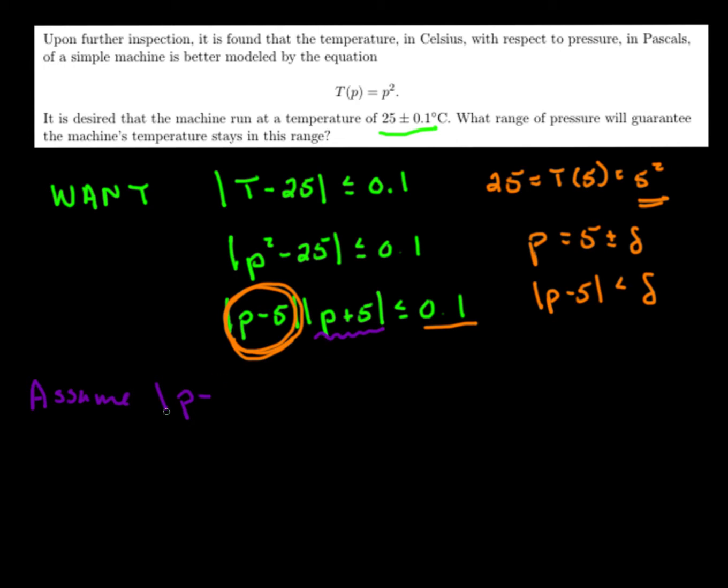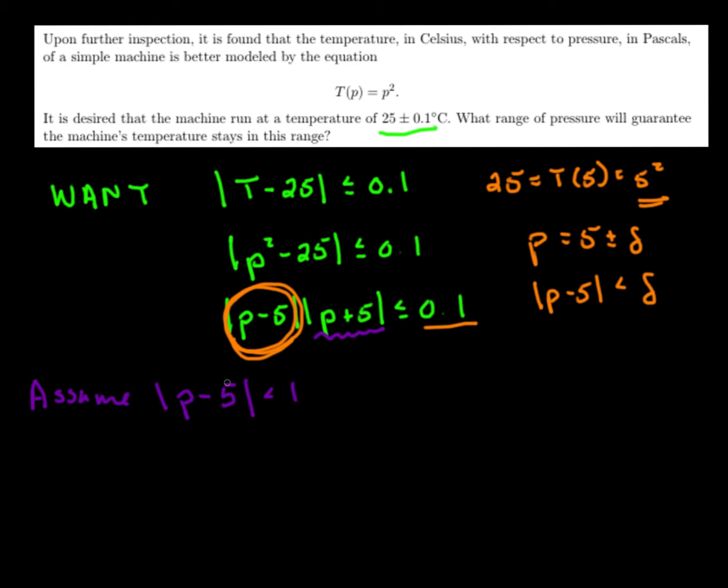Let me write this right. So the absolute value of the difference between the pressure and 5 is going to be less than 1. I'm just going to make this assumption because I've got control of the pressure and it's going to be low, and I can see what happens when I assume that it's within at least 1 Pascal of 5 pascals.